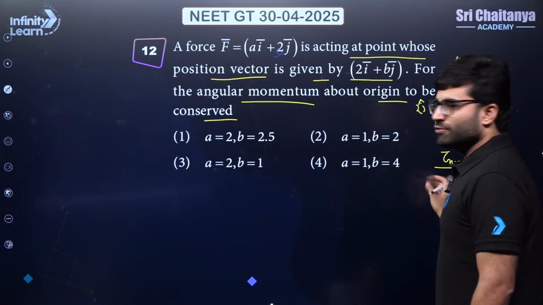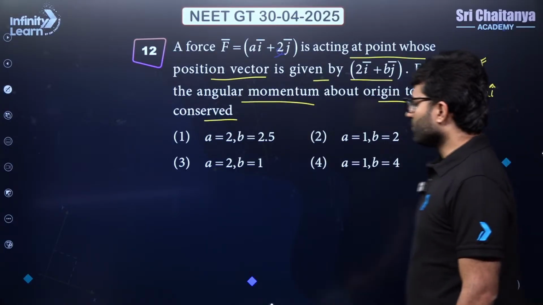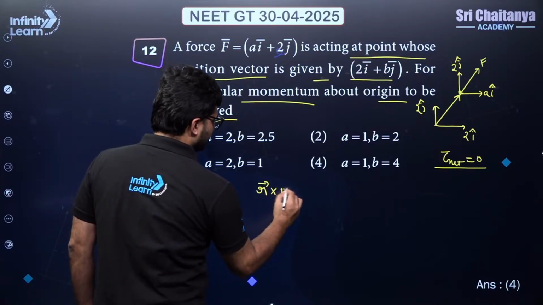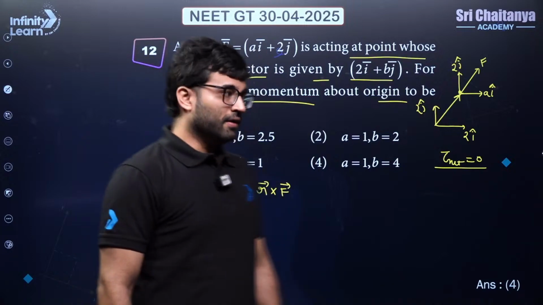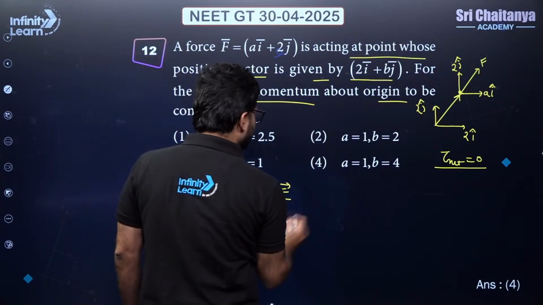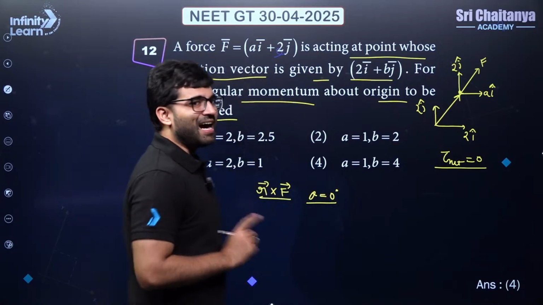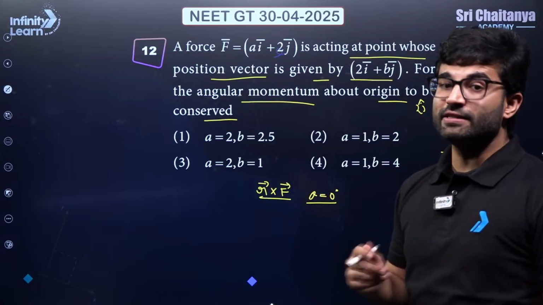Now, coming back to this question. Net torque is 0, I know. And how do I write the net torque? Net torque is nothing but r cross F, where r is the position vector and F is the force vector. When can this r cross F be 0? When the angle theta between them is 0, which means that both of these vectors have to be in the same direction, or at least they should be parallel.